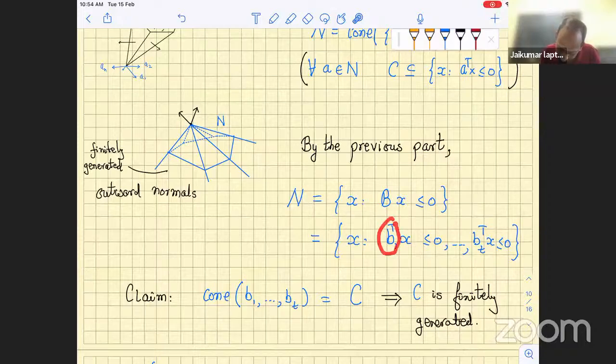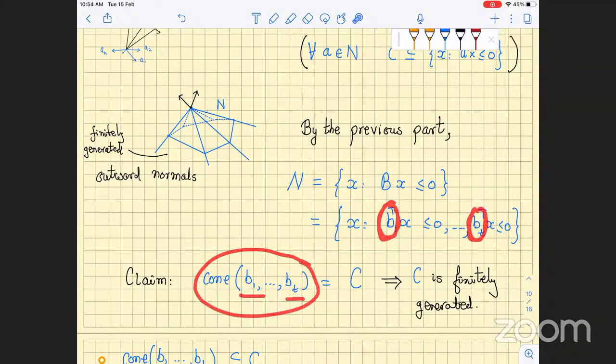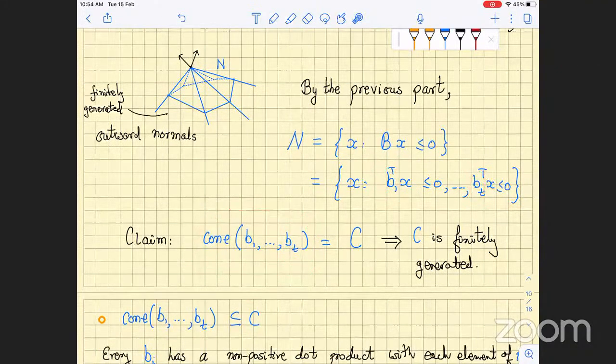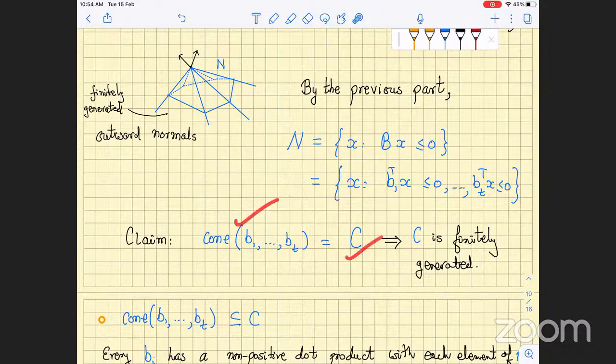Now, look at the cone generated by this. What sort of cone is this? It's a finitely generated cone. And my claim is that this cone will actually be the same as the original cone.